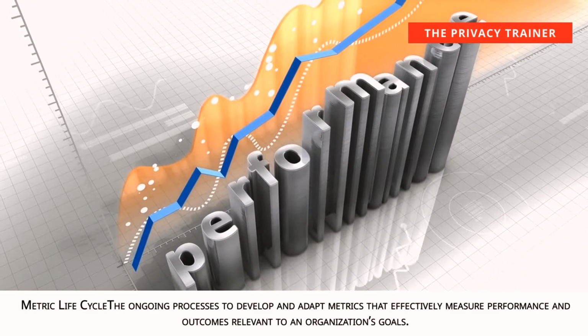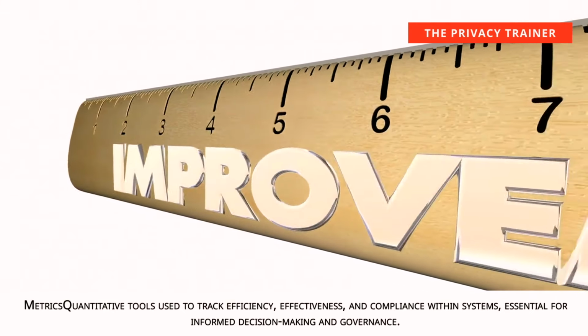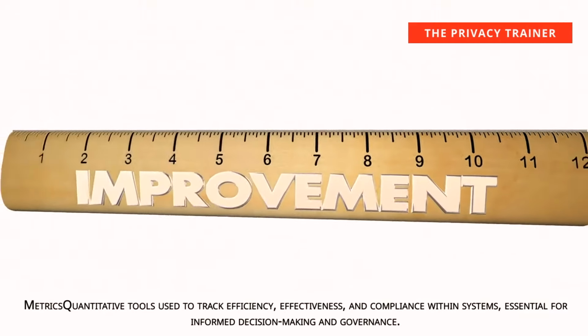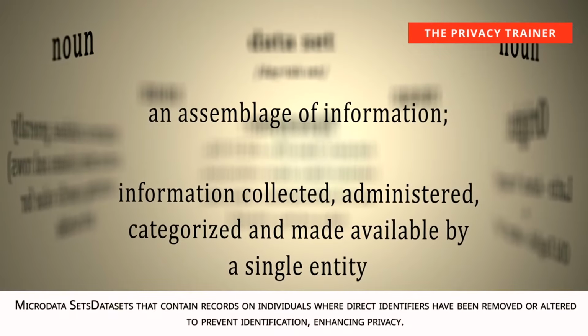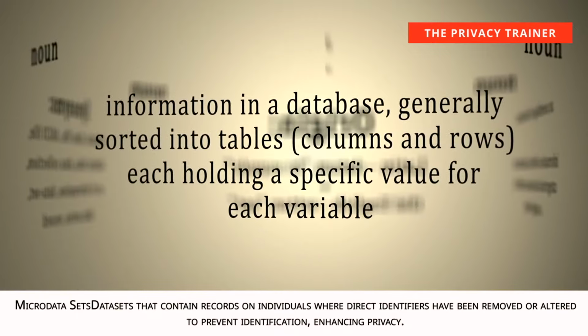Metrics: quantitative tools used to track efficiency, effectiveness, and compliance within systems, essential for informed decision-making and governance. Microdata sets: datasets that contain records on individuals where direct identifiers have been removed or altered to prevent identification, enhancing privacy.